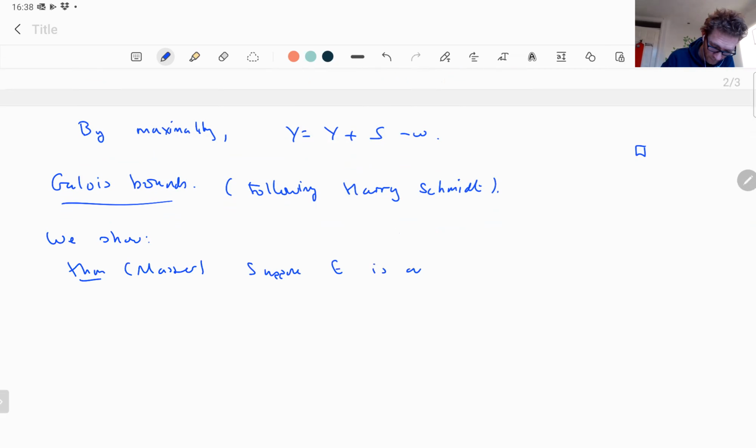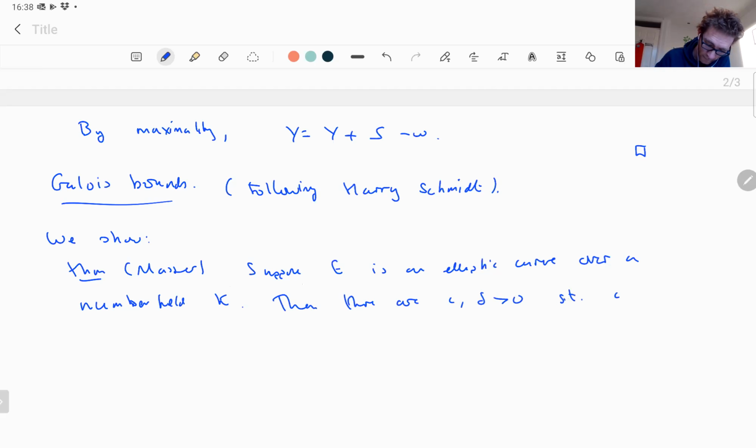Suppose E is an elliptic curve over a number field. Then there are C and delta, such that if I take a torsion point and it has exact order n, then its degree over k is large.